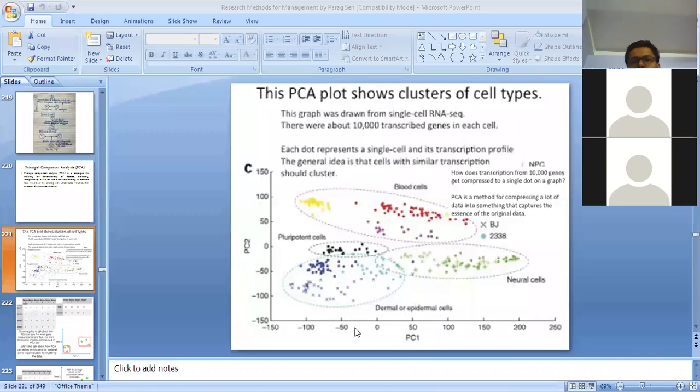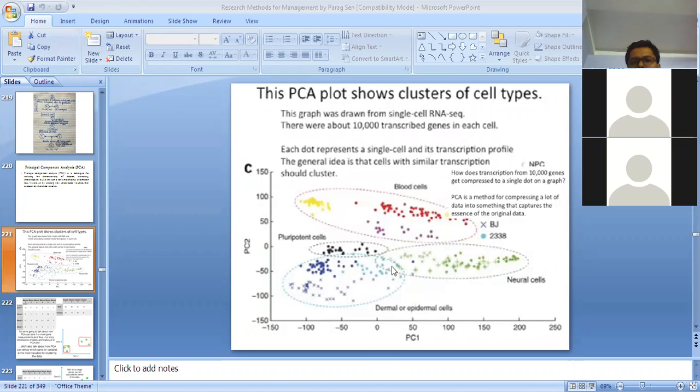And you are getting clusters of data, for blood cells, neural cells, pluripotent cells, dermal or epidermal cells.